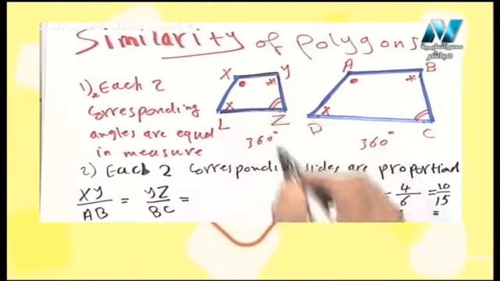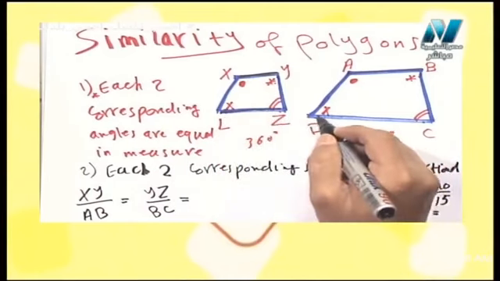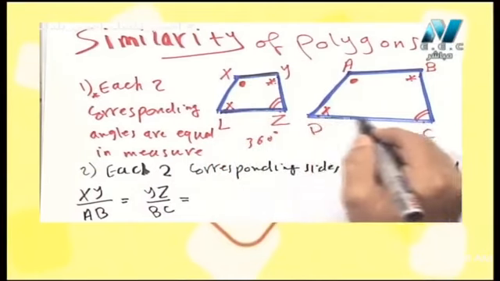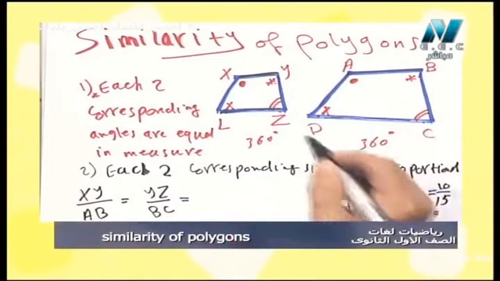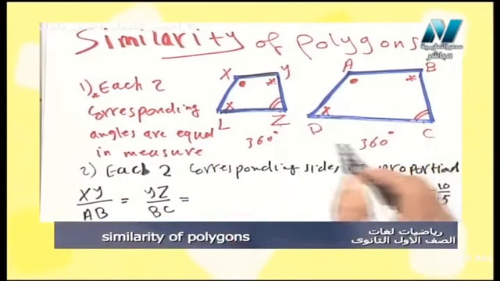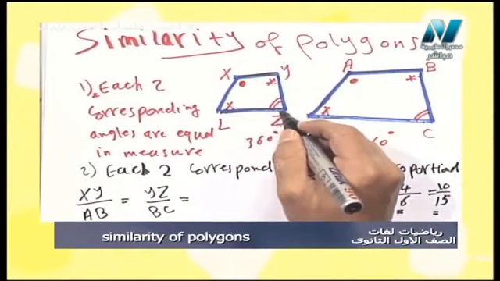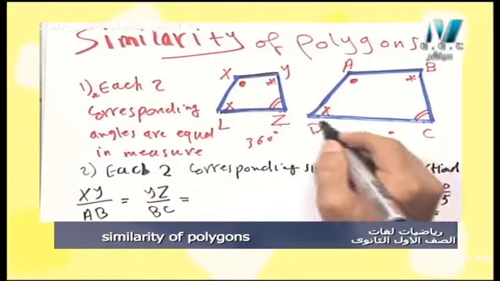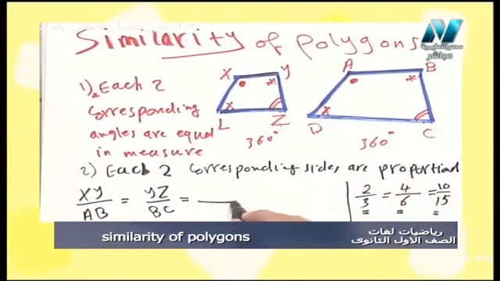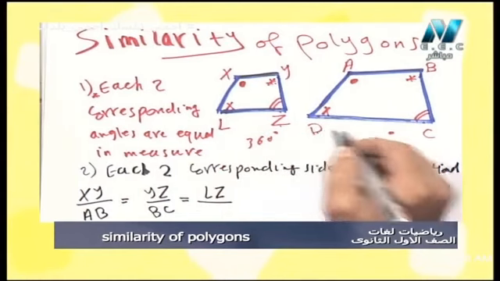What about LZ? The side LZ corresponds to DC. It is clear to see, because measure angle Z equals measure angle C, and measure angle L equals measure angle D. So LZ in the first quad corresponds to the side DC, making the third ratio, LZ over DC.